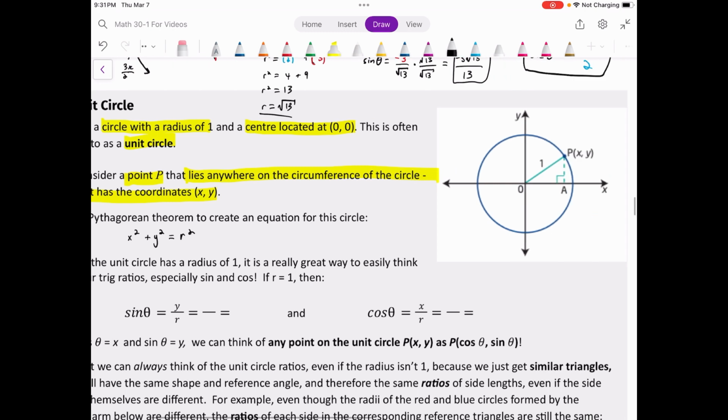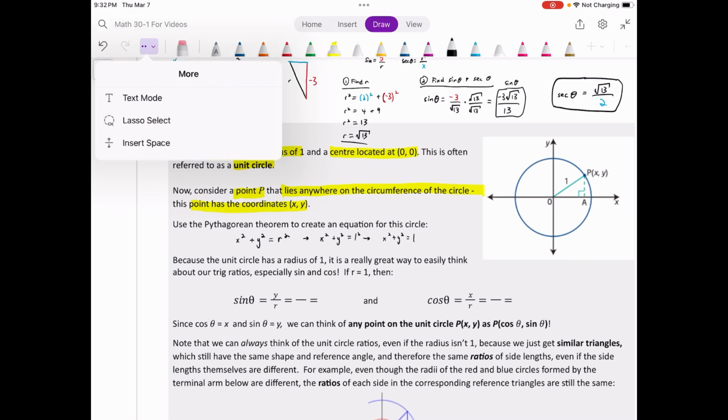And for a unit circle with a radius of 1, that just means X squared plus Y squared equals 1 squared. And therefore, X squared plus Y squared equals 1, right? Because 1 squared is just 1.